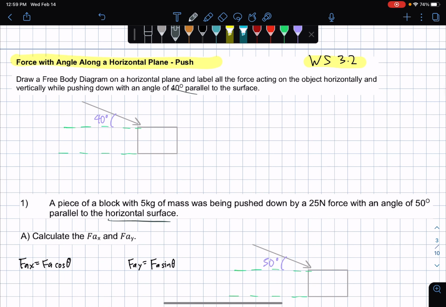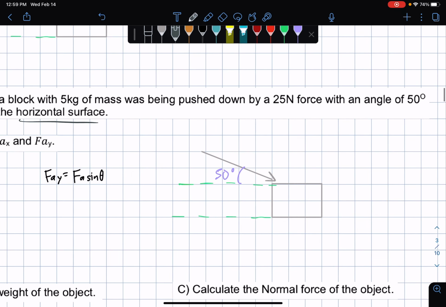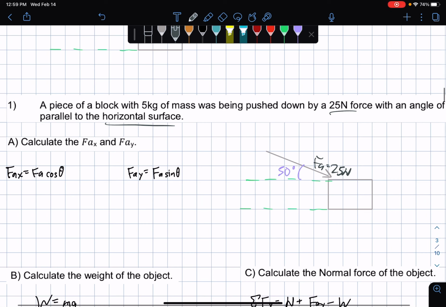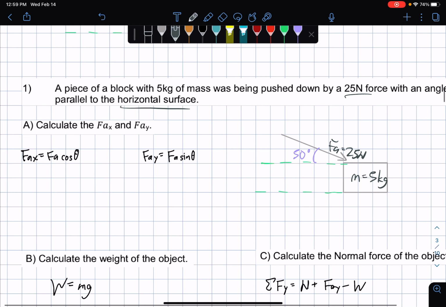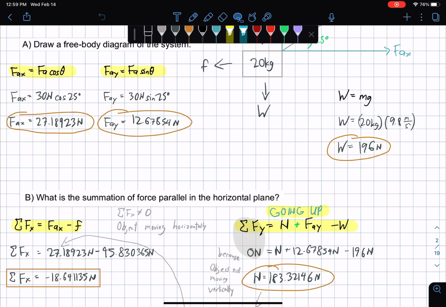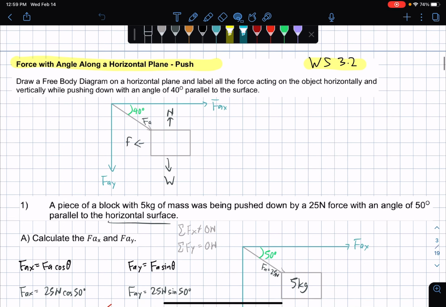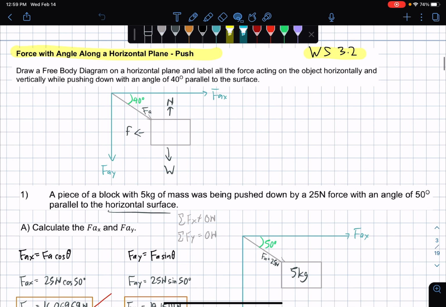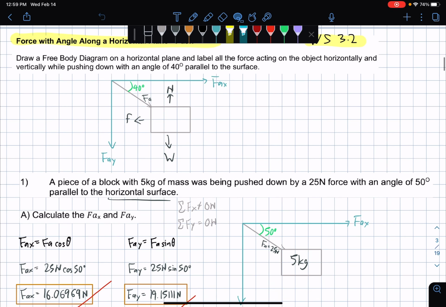Not sure which said 40 there, but yeah. Applied force is 25 newtons. The mass is equal to 5 kilograms. Let's see if I got it right so far.